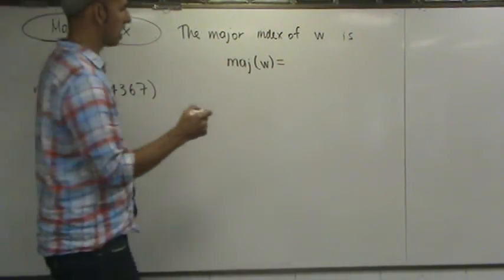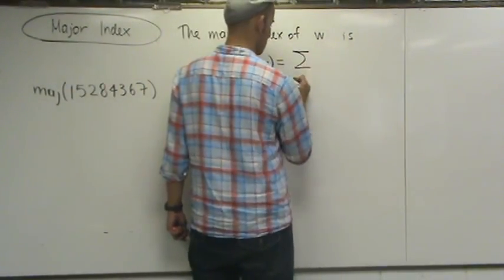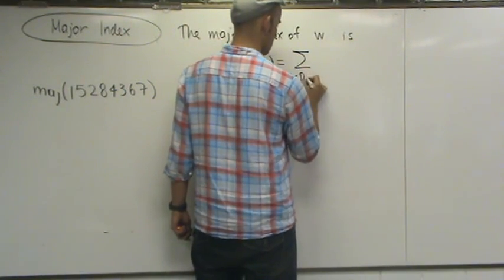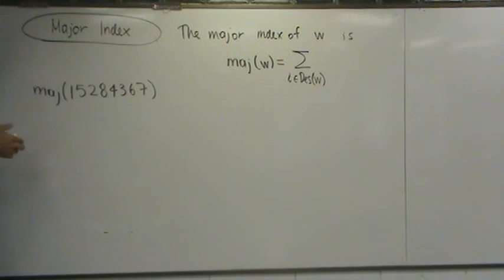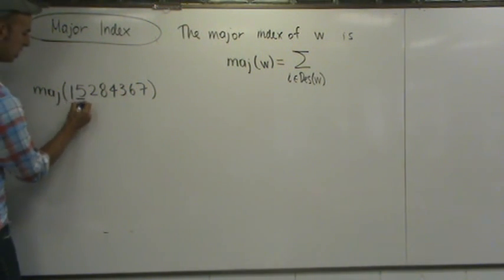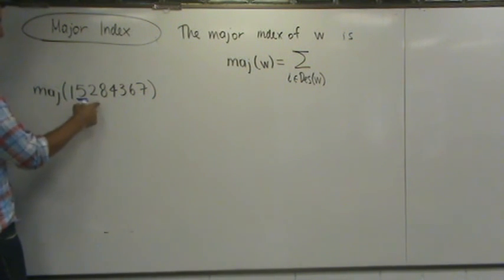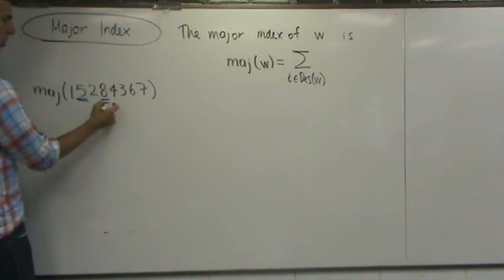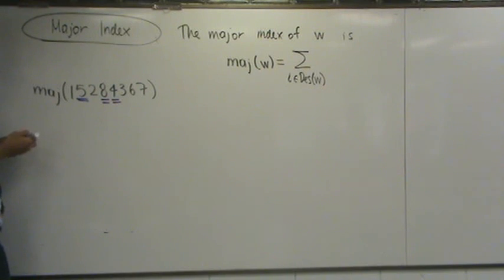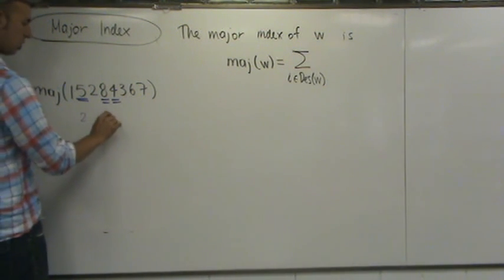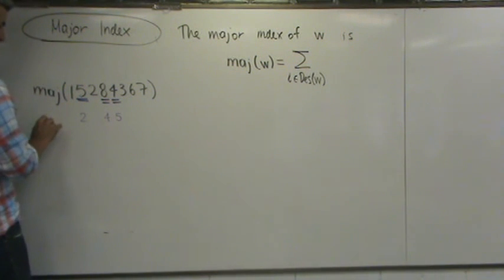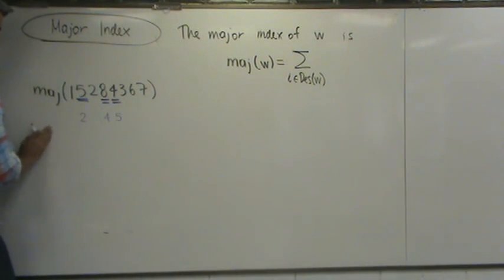What I do is that I look at all the descents of my permutation. Okay. So what were the descents here? This is a descent, 5 to 2. This is a descent from 8 to 4, and this is a descent from 4 to 3. So the descents we said are 2, 4, and 5.